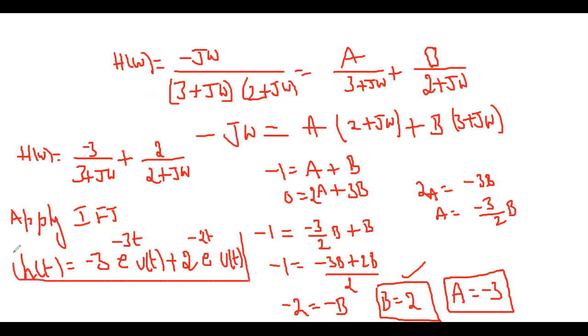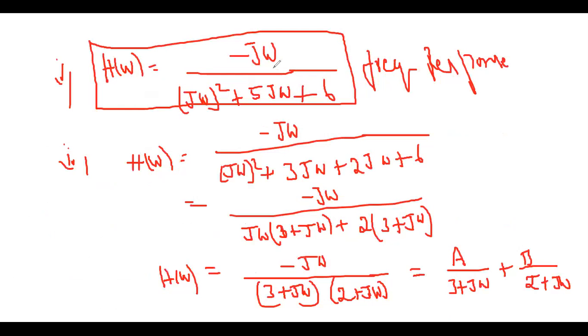Okay. Impulse response is, we got minus 3 e power minus 3t mu of t and 2 into e power minus 2t mu of t.